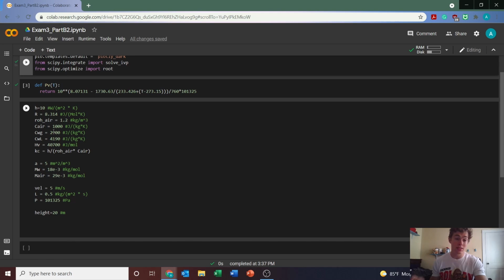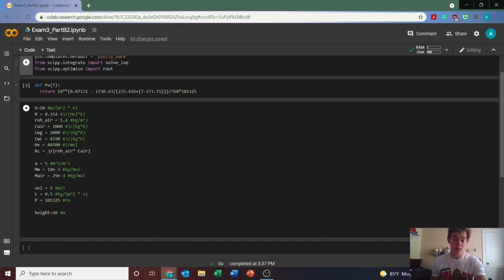And then we have the heat capacity of our water vapor, which is 2,000 joules per kilogram per Kelvin. And then we have the heat capacity of our water in liquid form, which is 4,190 joules per kilogram per Kelvin. And then we have our heat of vaporization, which is 40,700 joules per mole.